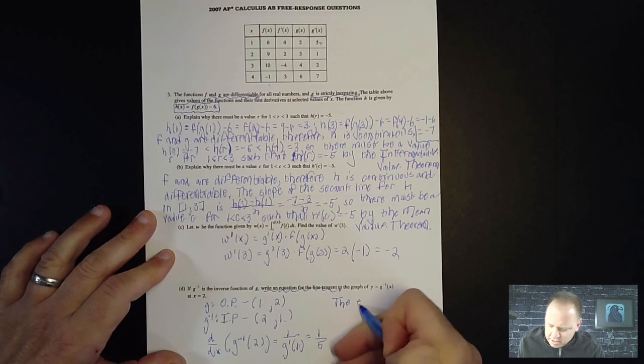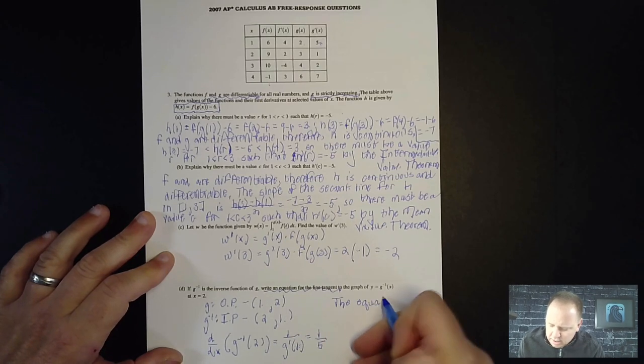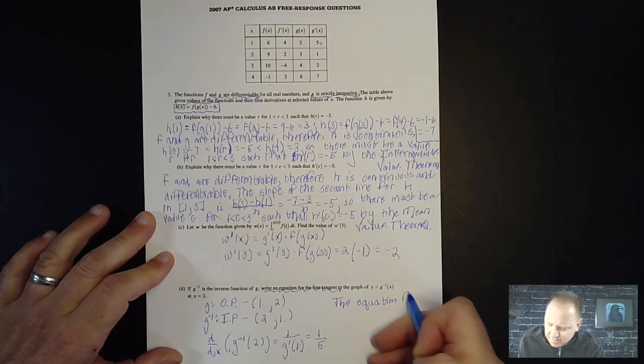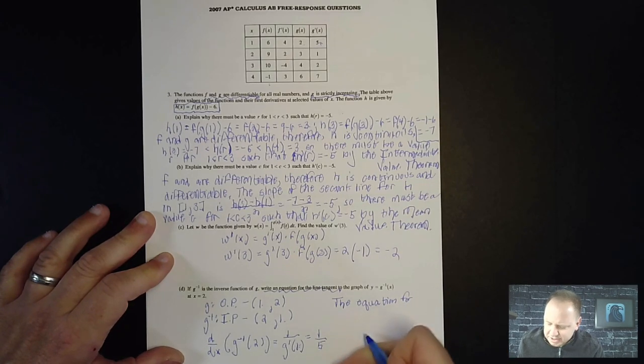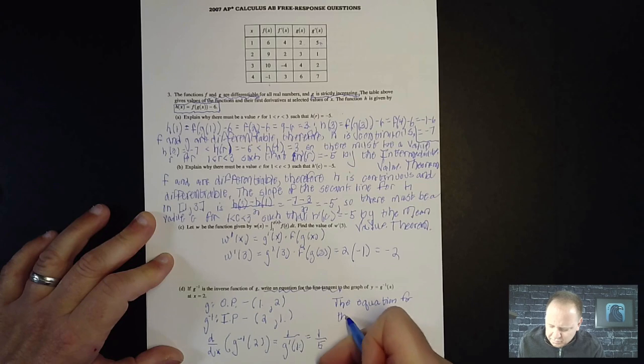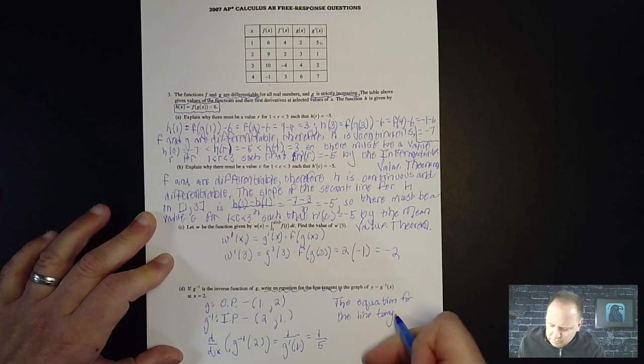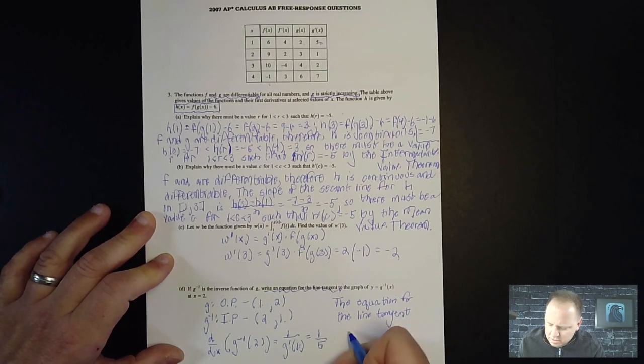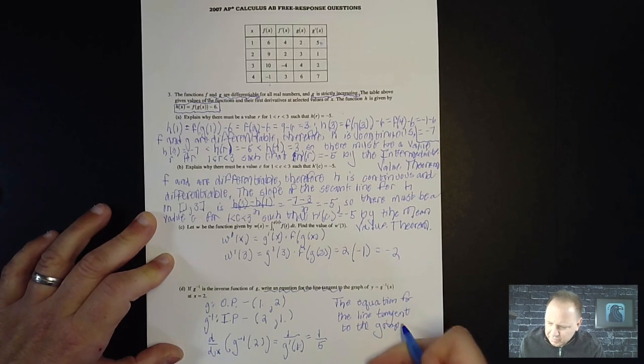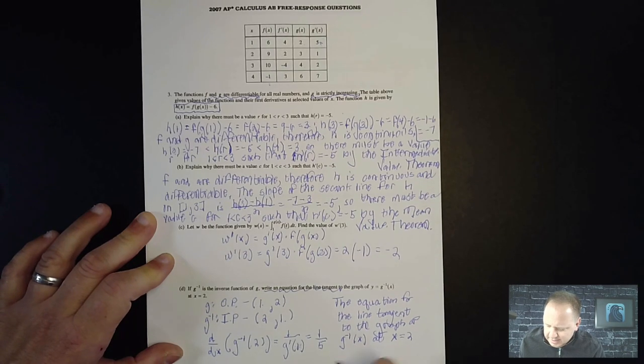So the equation for the line tangent to the graph, use their words, of g inverse of x at x equal 2 is, and now remember, just use point slope.